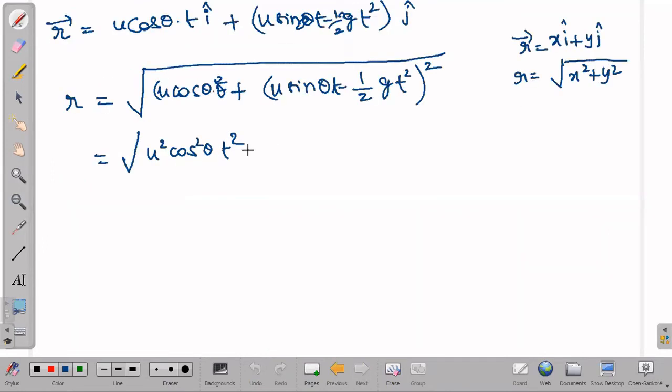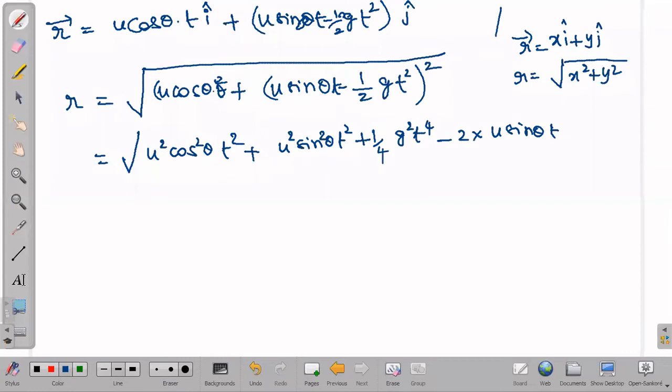So now u square sin square theta into t square is the a square term, and the b square term is half square, which is 1 by 4, g square t power 4, right? Next the 2ab term is minus 2 into half, the 2 will cancel out, into u sin theta into t into g t square.